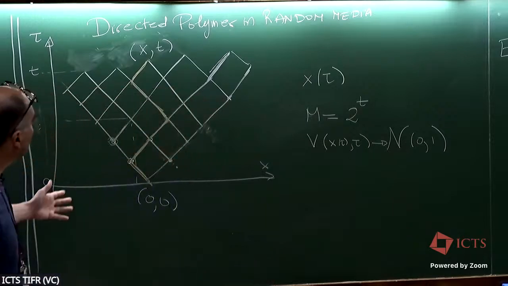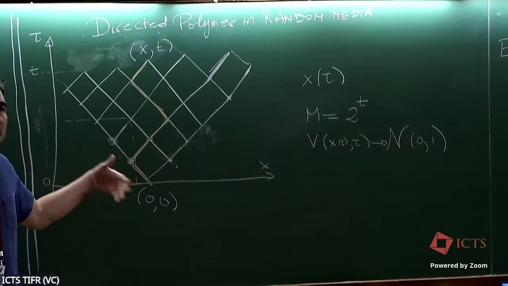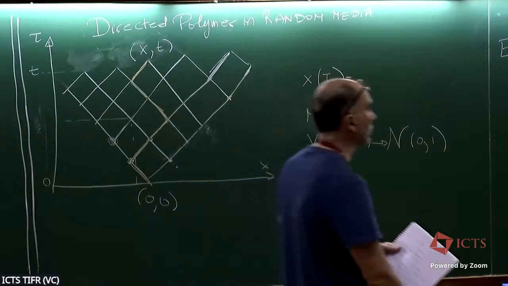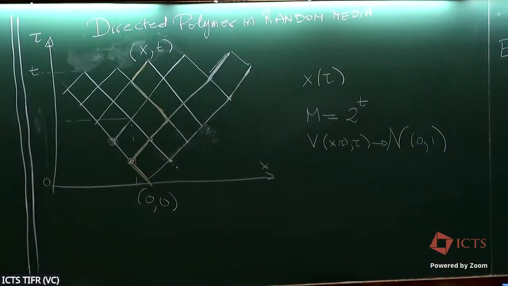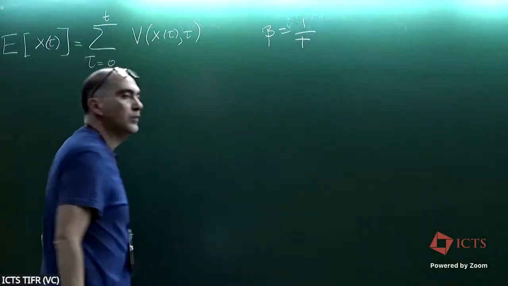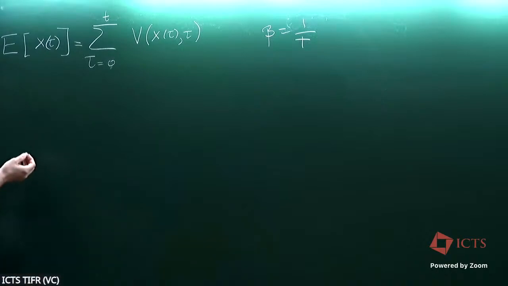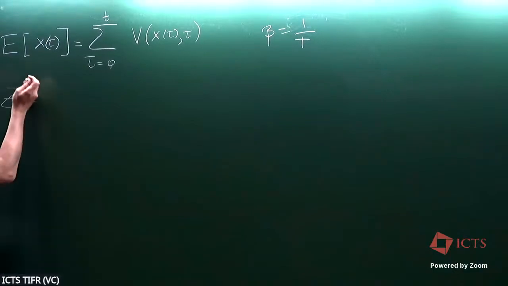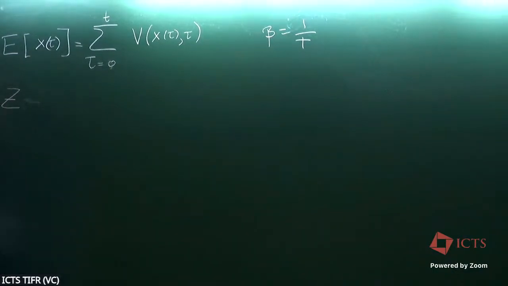And so what you would like to do in thermodynamics, if you now are at inverse temperature beta, or at temperature capital T, as you prefer, is to define the partition function of this model, Z. So now we have to define a little bit what we want to do.